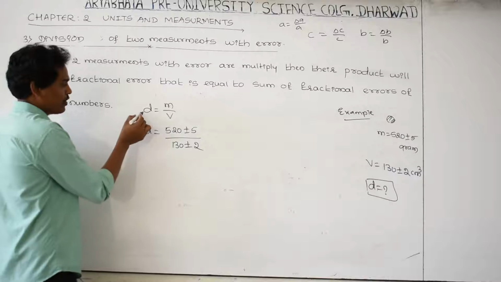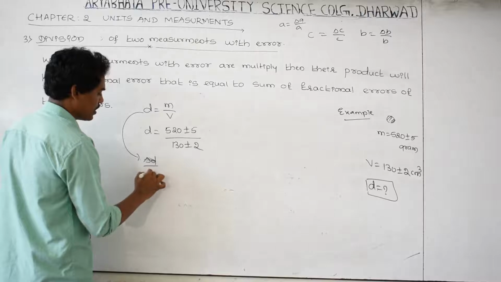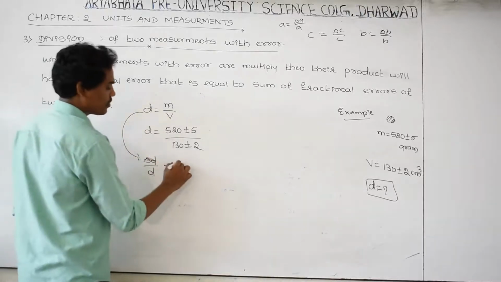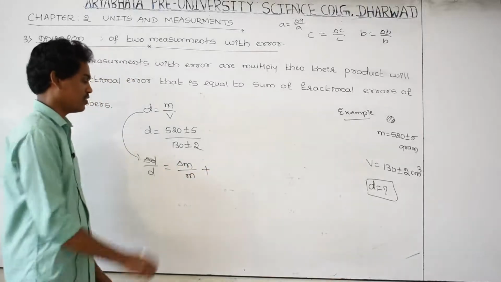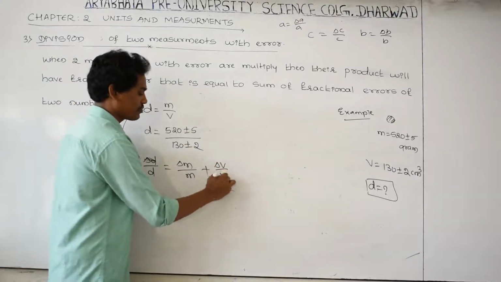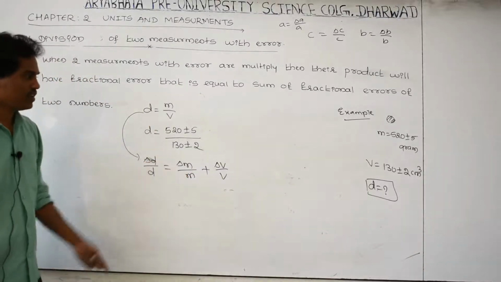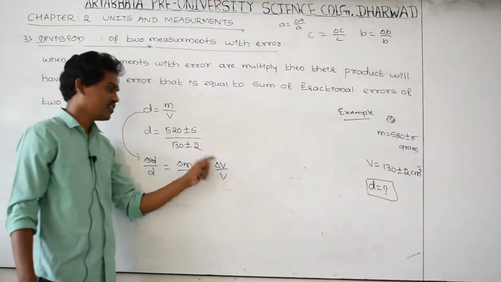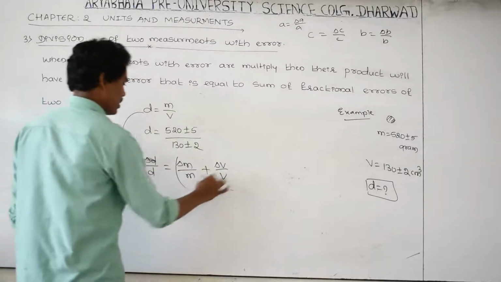And what is the fractional error present in D? That is delta D by D. Delta D by D is equal to, what is the fractional error present in M? That is delta M by M, plus what is the fractional error present in V? That is delta V by V. If it is division, we can also take the sum of fractional errors. If it is multiplication, M V or M by V, you can take the sum of the fractional errors of those two quantities, plus or minus.